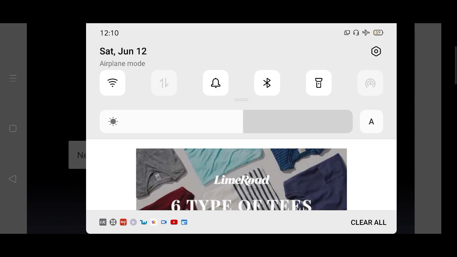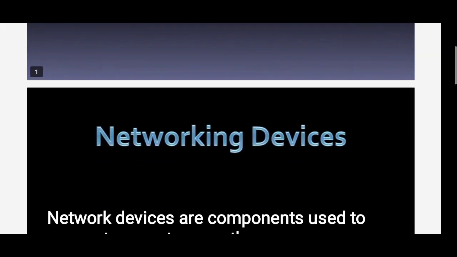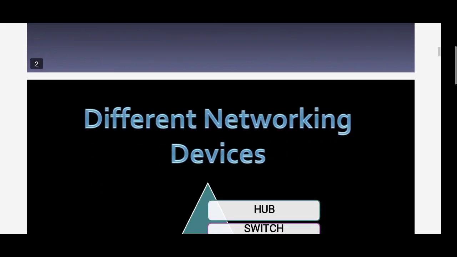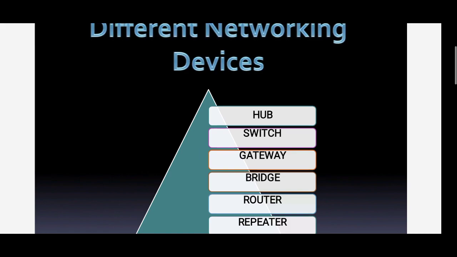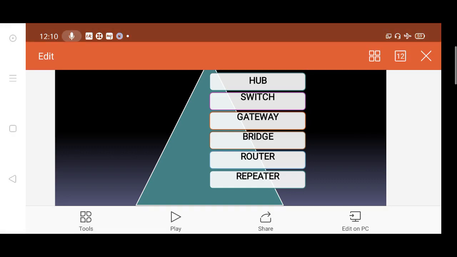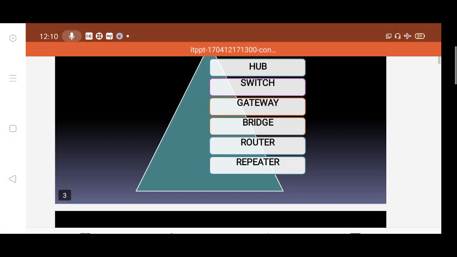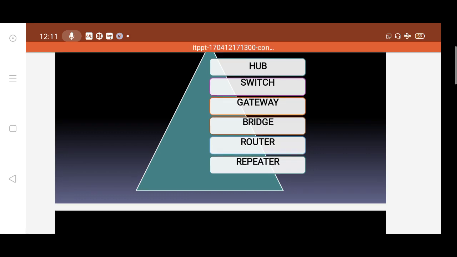The networking devices: there are different networking devices available here. First one is the hub, second one is the switch, third one is the gateway, next ones are bridge, router and repeater.